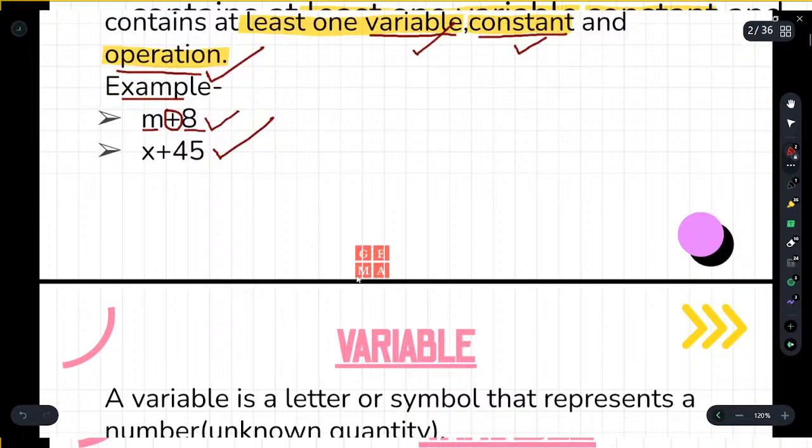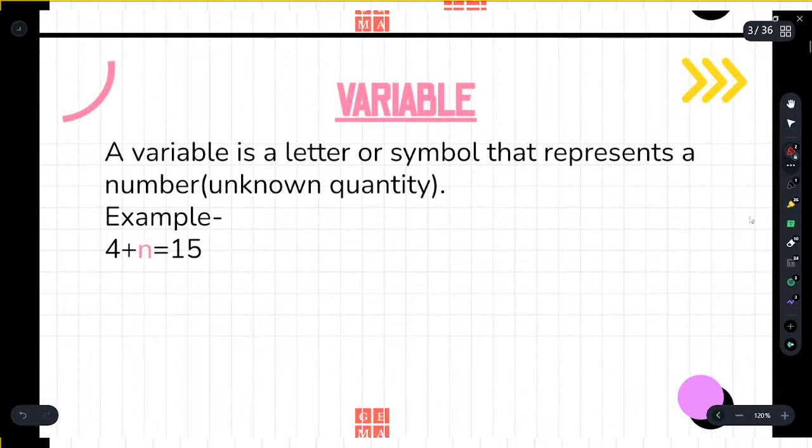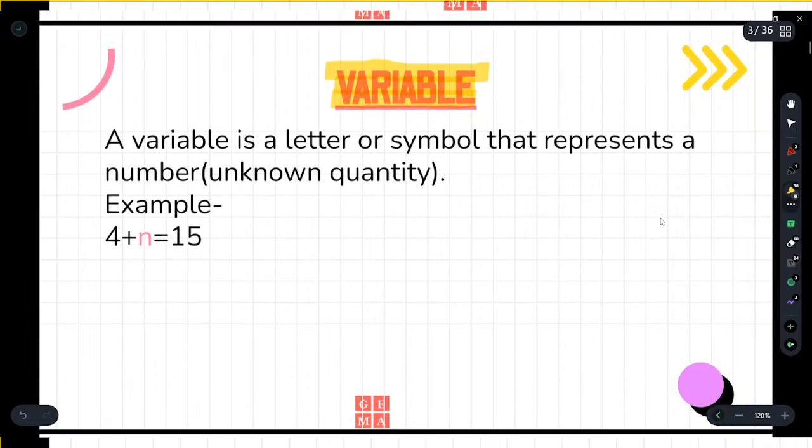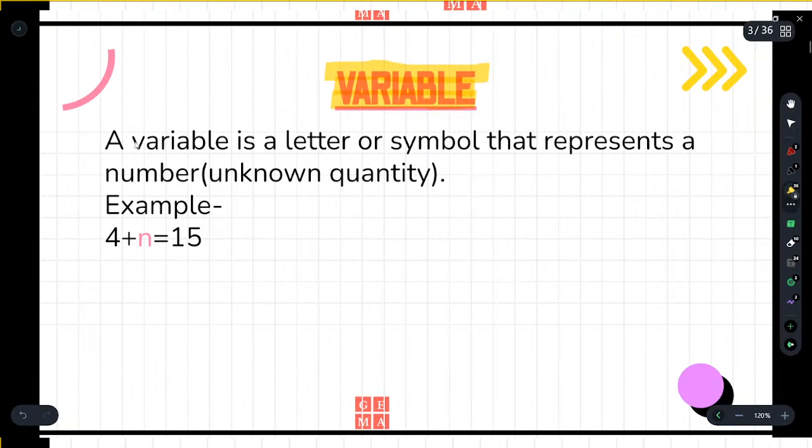But first of all, what are these? Coming to a variable. What is a variable? So, the dreaded alphabets entering mathematics. A variable is a letter or a symbol that represents a number. Like, you had one burger, and there were 3 burgers in the party.